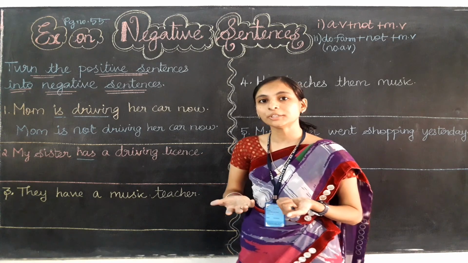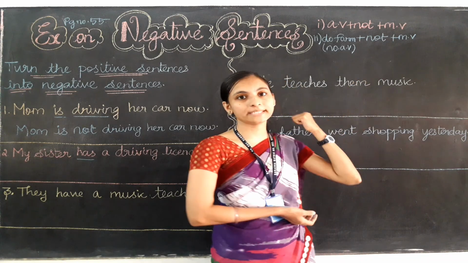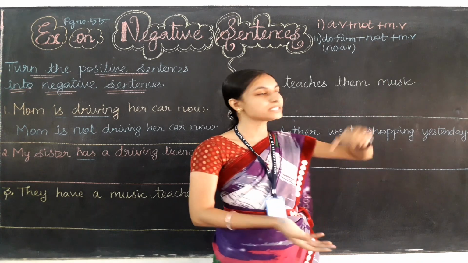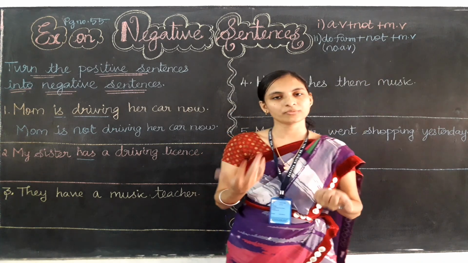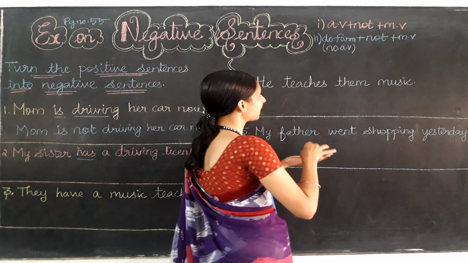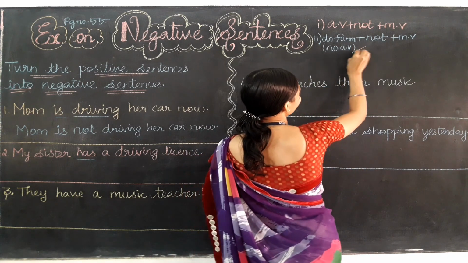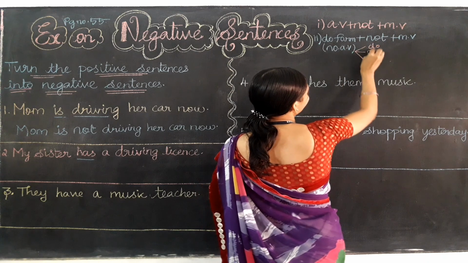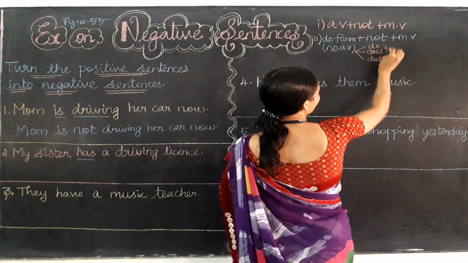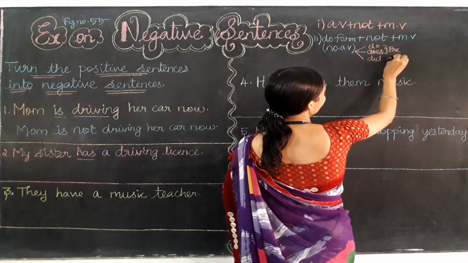Then which rule do we need to apply? Yes, we need to apply the second rule. That is, if we find no auxiliary verb in a sentence, we need to use do form verbs only, that is do, does or did. I can write here do, does, did. Here this is present and this is the past.